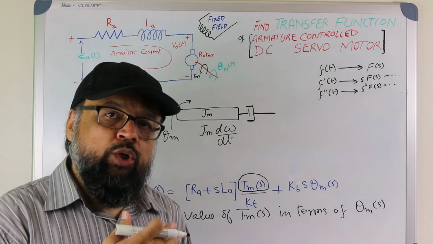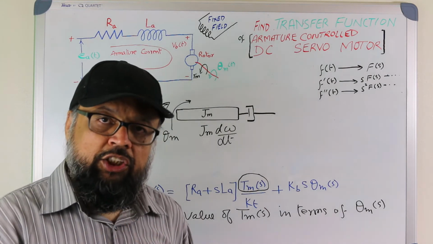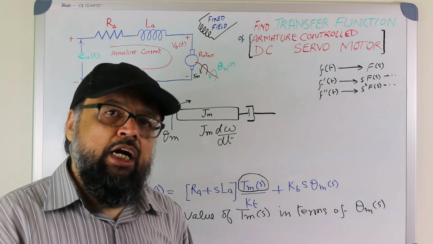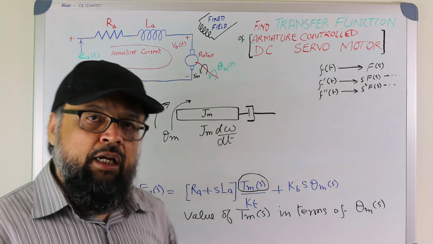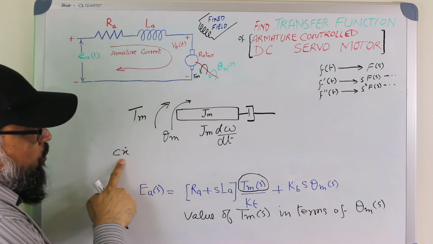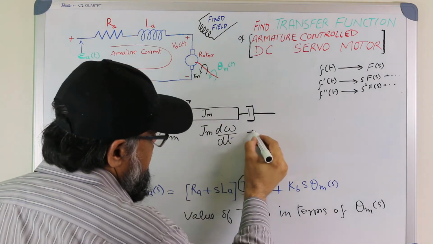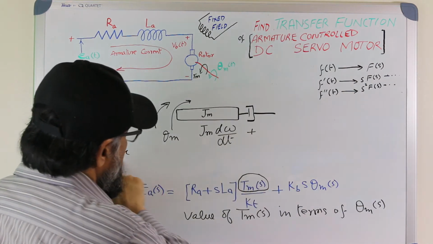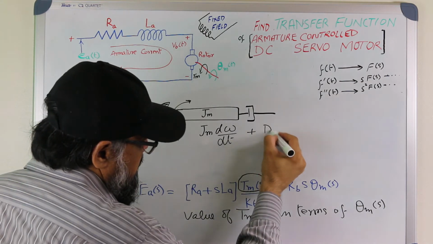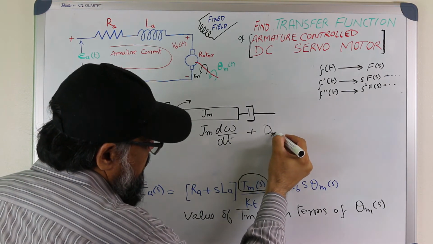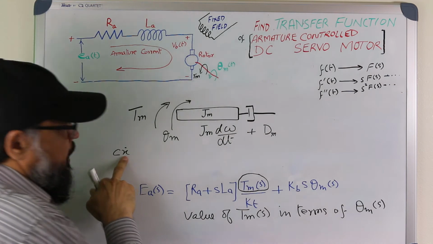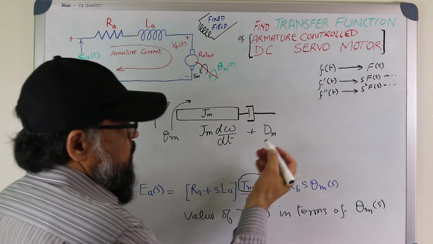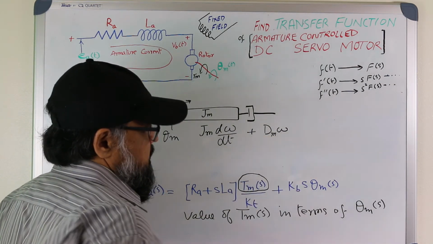We use this formula, a damping coefficient into the linear velocity. So similarly in rotational motion, we also have this friction present, which is called viscous damping, and a similar type of formula, instead of C, we are using here D, damping motor, and instead of x dot, we use of course omega in our case.